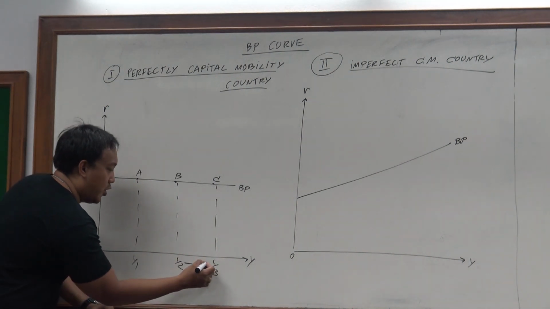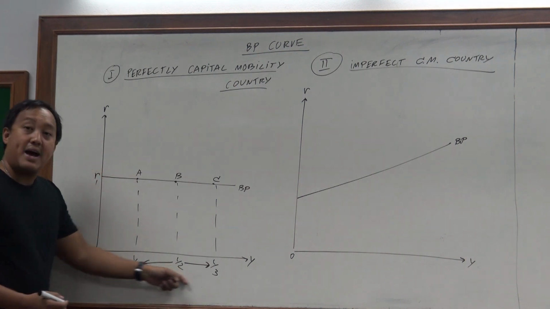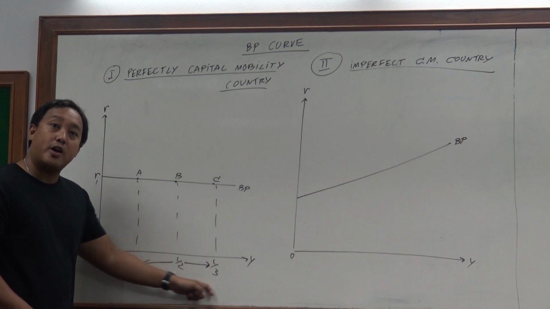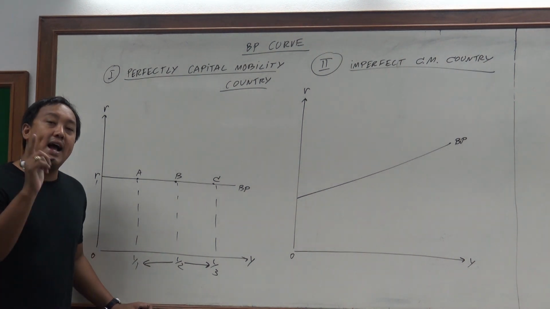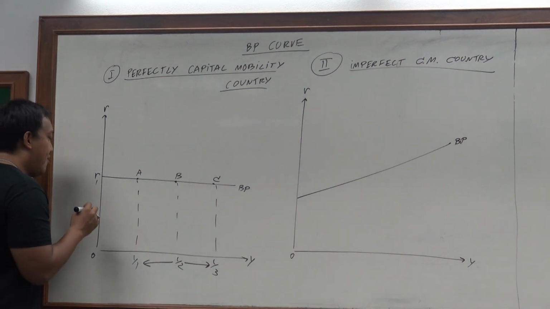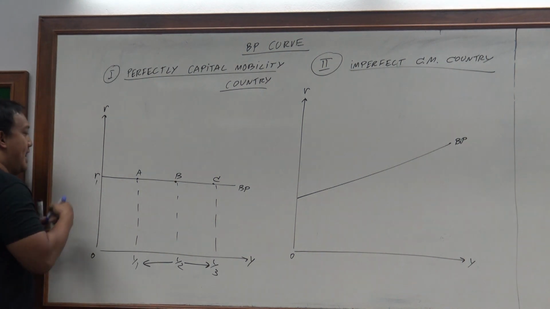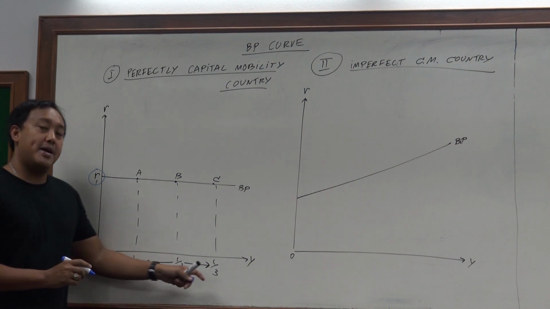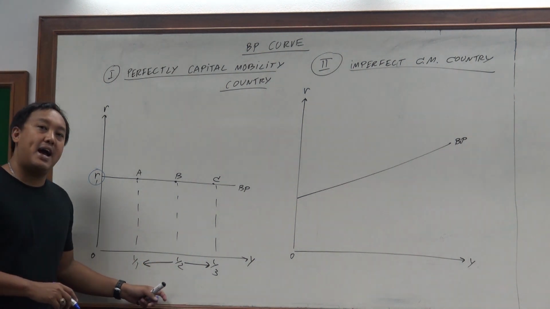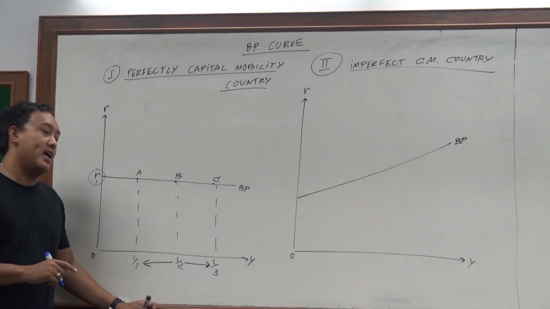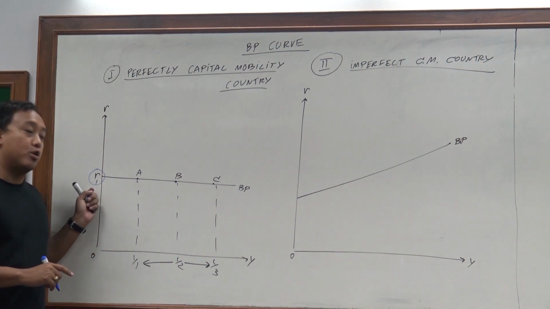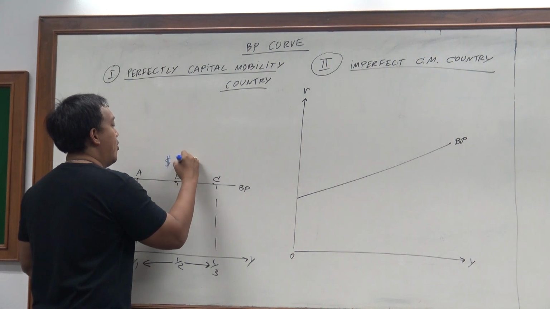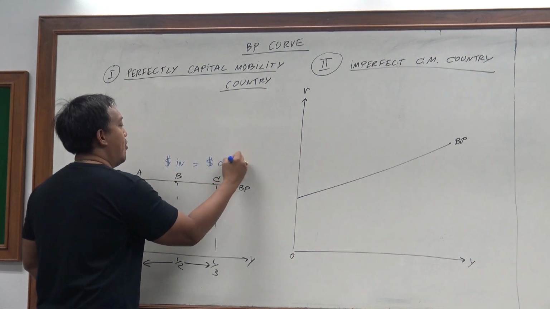Even though your economy is good or bad, as long as your country has a real interest rate equal to R1, it means that the money that flows in equals the money that flows out.